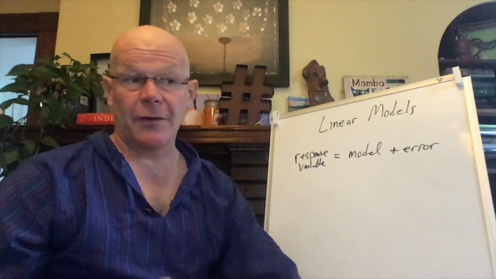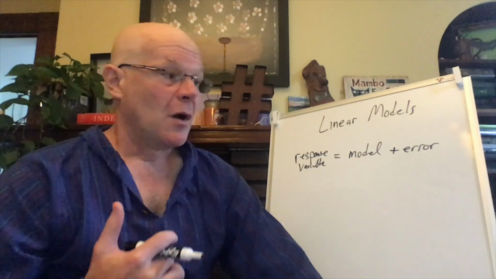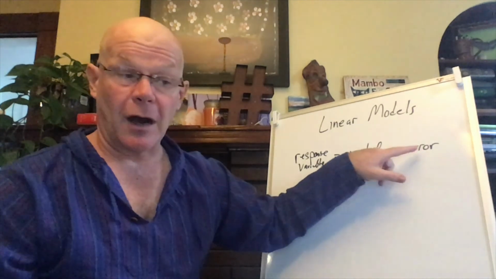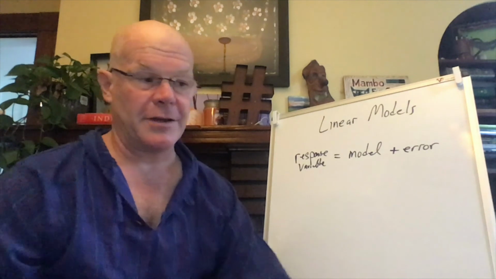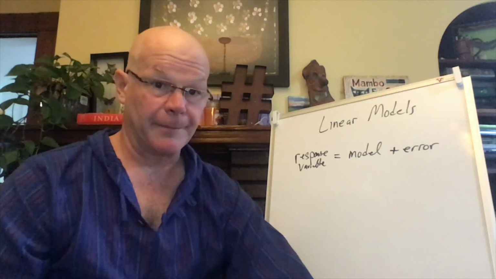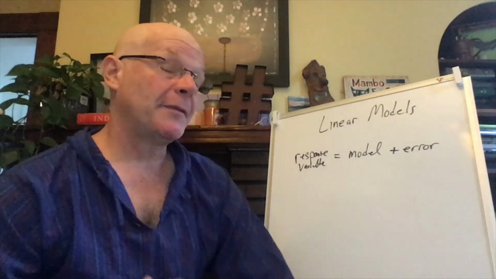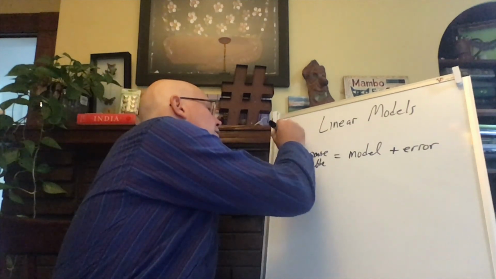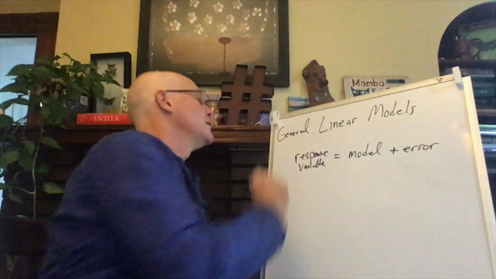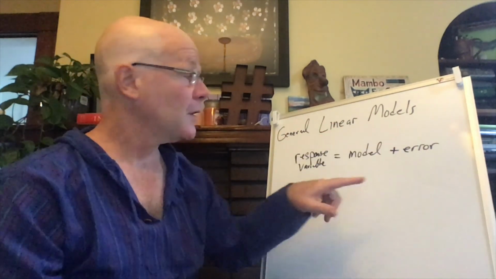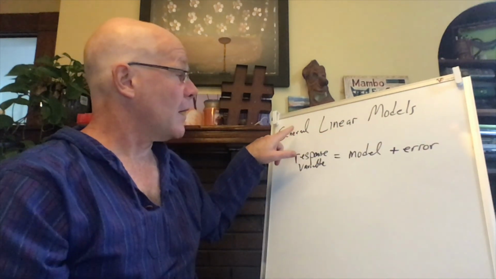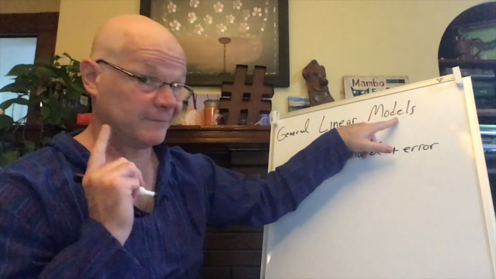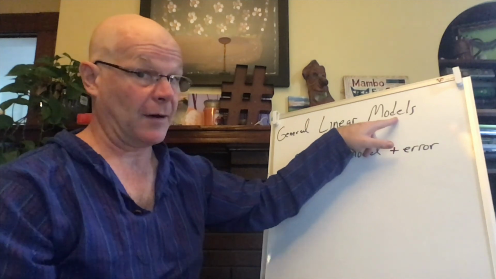For the types of models that we're going to be starting with, we are going to assume the important assumption being that our leftover variation, our error variation, is going to be normally distributed. Okay. And so the types of models that we are going to be developing are going to be called general linear models. They are called general linear models because they are a model.